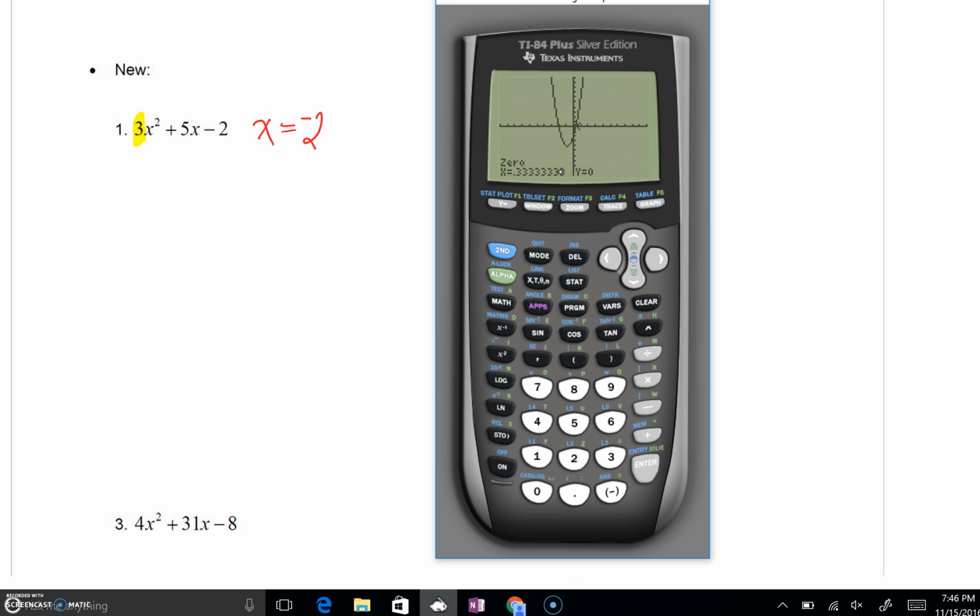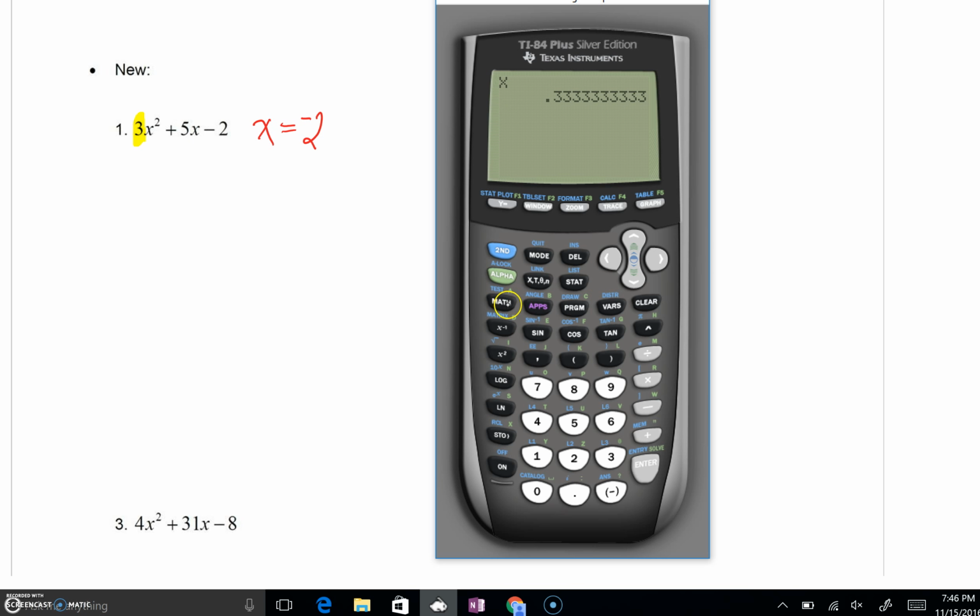I want to show you how the calculator can even get you a little more information right now. What we can do is hit Second, Quit, and you'll go to your home screen. When you press X, the last X value that was on the graphing screen comes up. You can see it's 0.3 repeating.